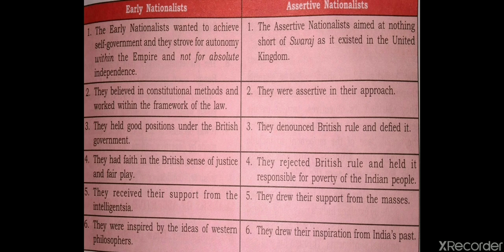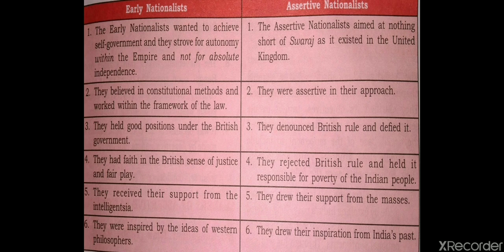As we have discussed before, early nationalists wanted self-government under the British crown, whereas the assertive nationalists wanted complete Swaraj, or total authority from the Britishers, not only self-governance.